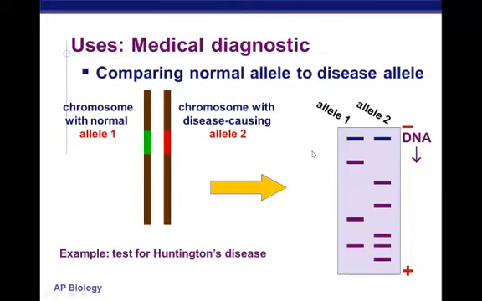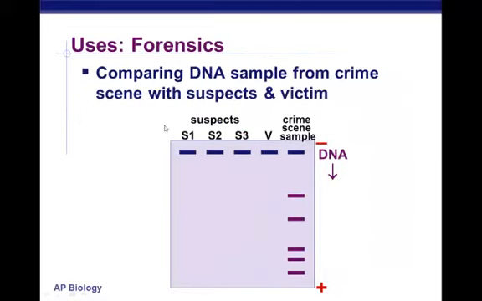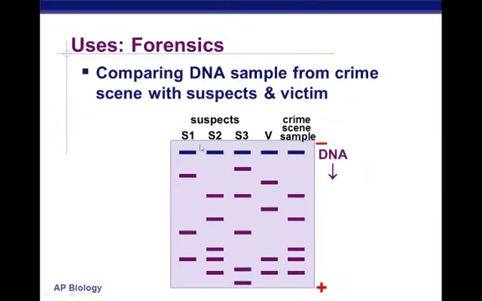You can use it as a test for carriers. You can use it as a test to determine if someone has a certain mutation by running their DNA on a gel. We use it often for crime scenes, comparing DNA from different suspects with a crime scene sample, maybe blood or semen that's collected at a crime scene, to determine who is the guilty person.